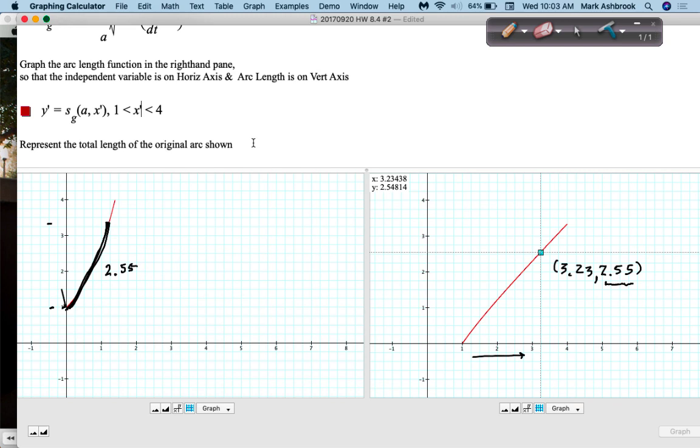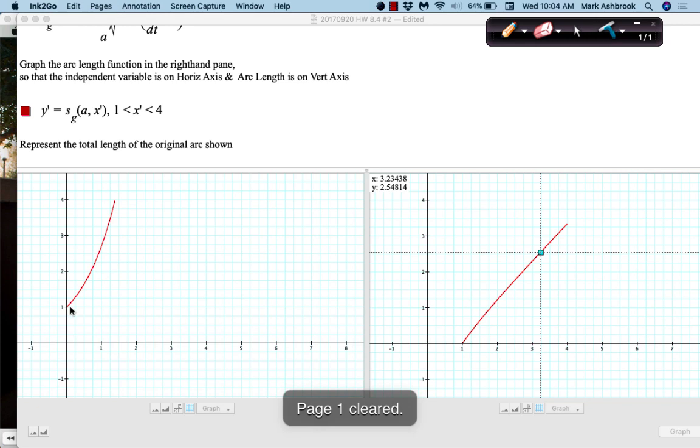All right, so I want you to represent the total arc length of this, right? Symbolically represent the total arc length. You shouldn't need to think too hard about this. Let's see. Jessica, can you represent the total length of this arc symbolically?